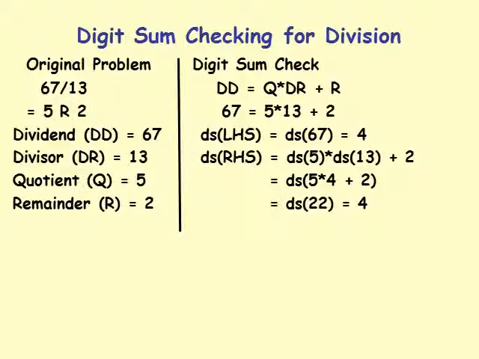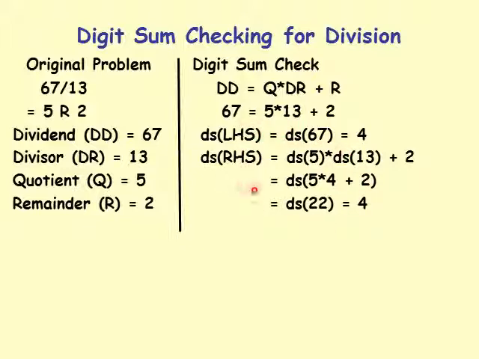But you should actually try to establish the correctness of this equation directly, which is a lot easier, at least in this problem. The right side is 5 times 13, 65, plus 2, 67. So this matches, this actually is correct. 5 remainder 2 is in fact correct, and you did not have to go through the digit sum.